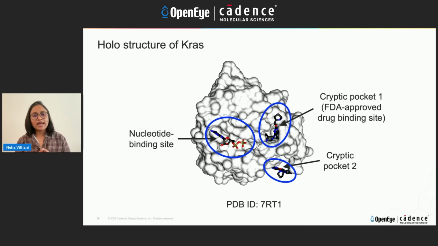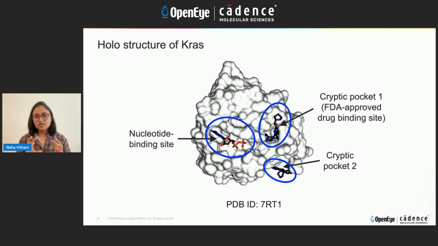Now let's understand what happens when you use these biased models for predicting ligandability of different pockets, using the example of KRas. This holo structure of KRas has 3 different pockets. One of them binds to nucleotides and 2 other pockets bind to drug-like molecules.